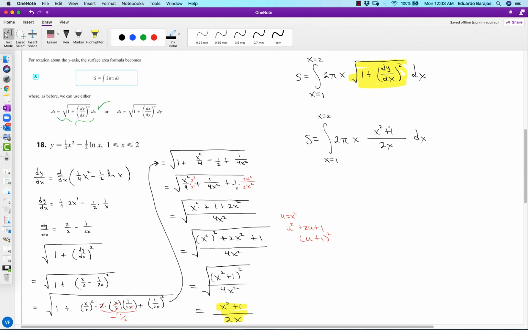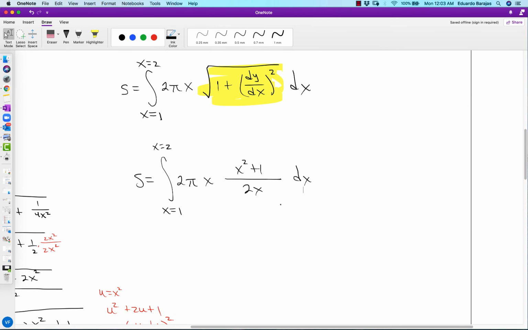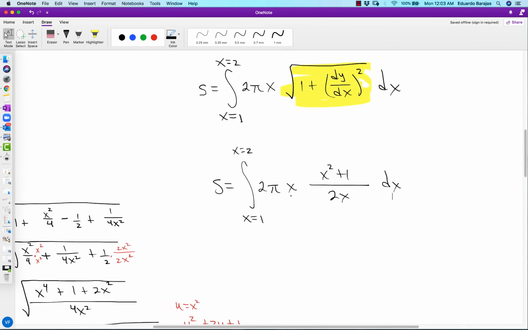Okay, I'm going to zoom into here a little bit. This reduces quite a bit.